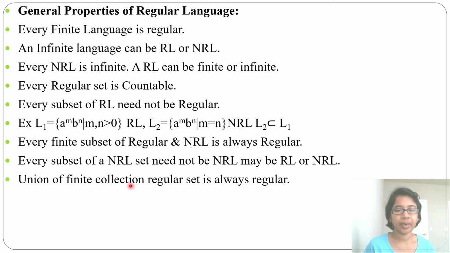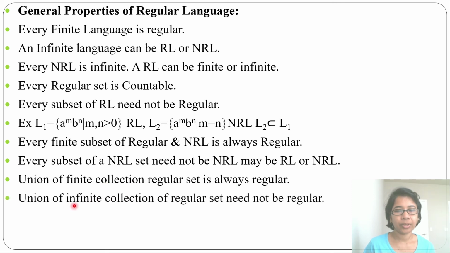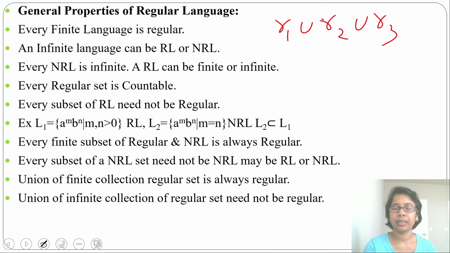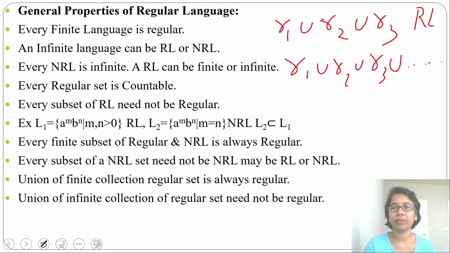Then the union of a finite collection of regular sets is always regular, but the union of an infinite collection of regular sets need not be regular. Suppose R1 union R2 union R3, this is finite, so this is regular. But suppose R1 union R2 union R3 union and so on, there are lots of regular languages, then this is not regular.